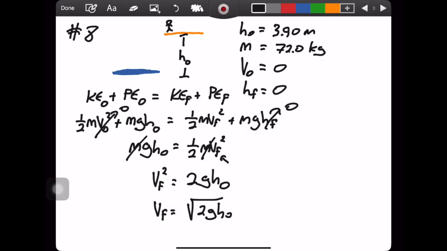And we're in good shape here because we have g, of course, it's 9.8 meters per second squared, and we also have h0 right there. So you would be able to solve for v final when it hits the water.